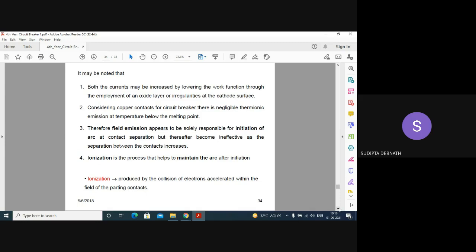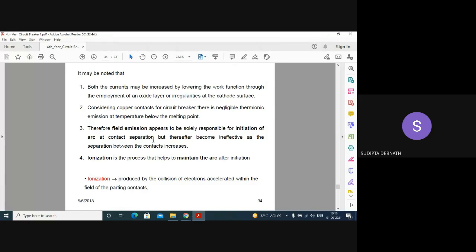Now, if we consider especially copper contacts, it has been seen that thermionic emission is negligible and only field emission is there. This is true for many other materials. In almost all cases of circuit breakers, it has been observed that field emission appears to be solely responsible for initiation of the arc at contact separation.